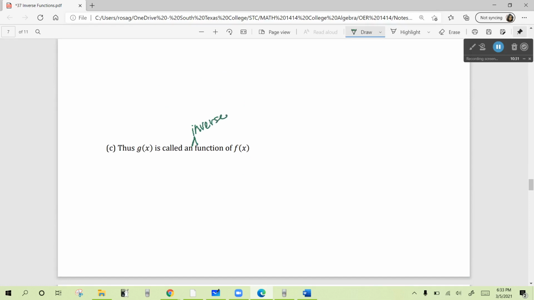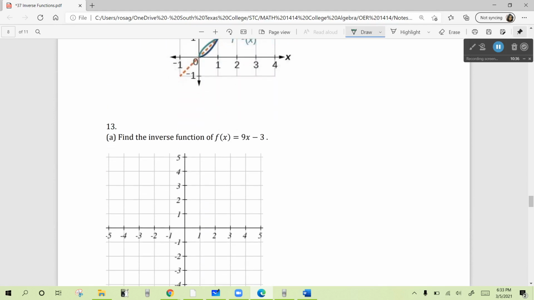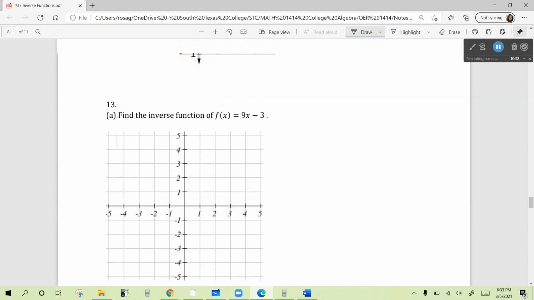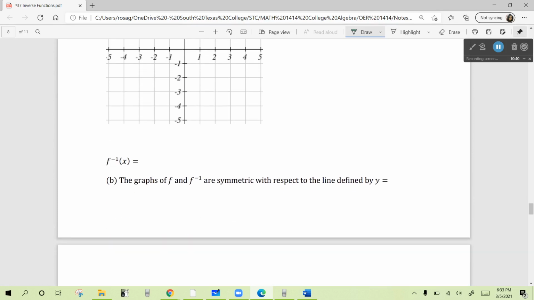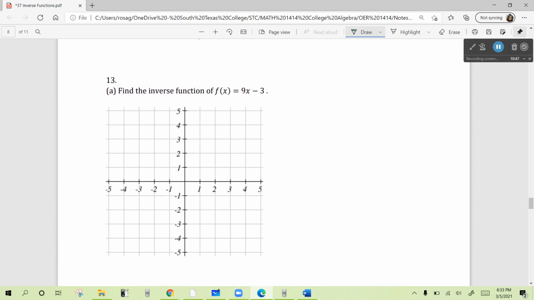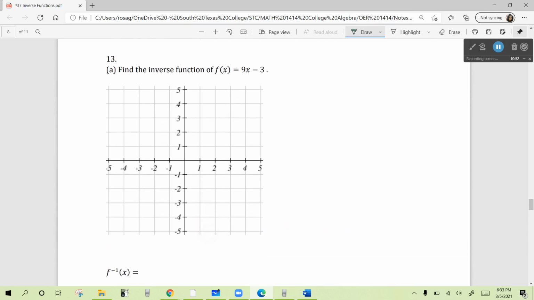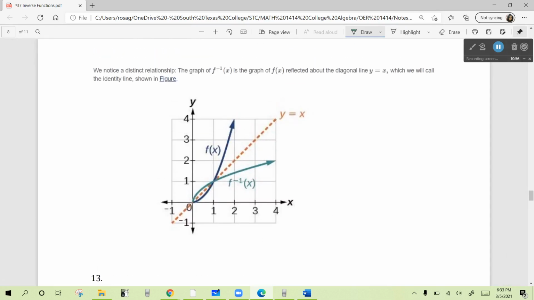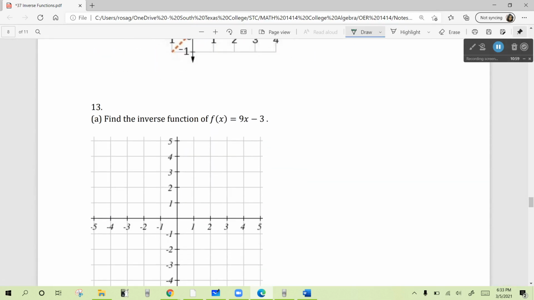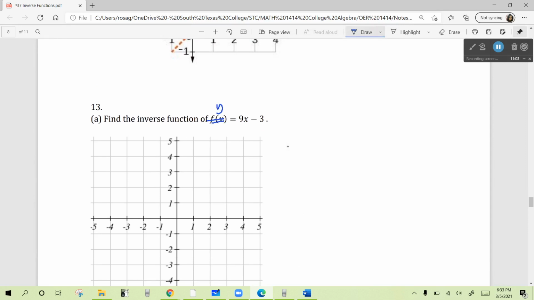It's called an inverse function of f. When you're trying to find the inverse of the following function, this is a y, so we're going to switch them.